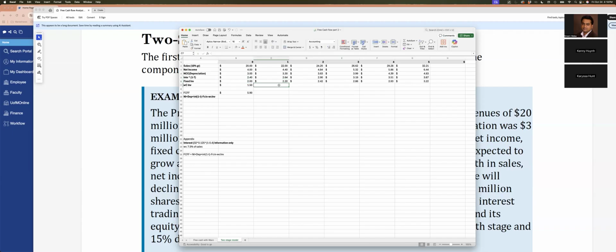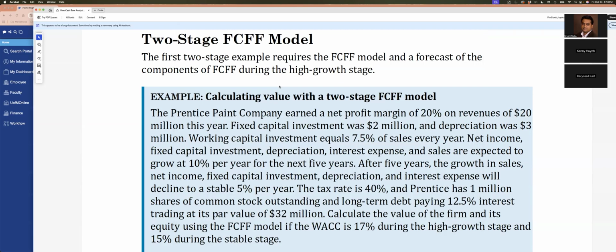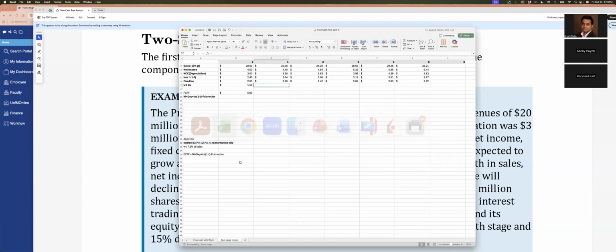Have you done the models, guys? Oh, for free cash. Yeah, yeah, I have. That's good. And then the question I have is, how much did he say the working capital is? Has he given any formula? No. So basically he's using the same 7.5%.